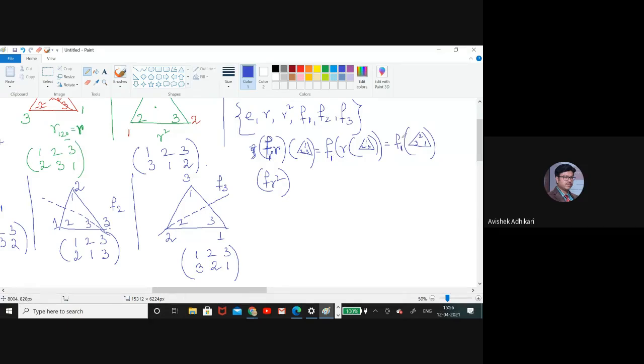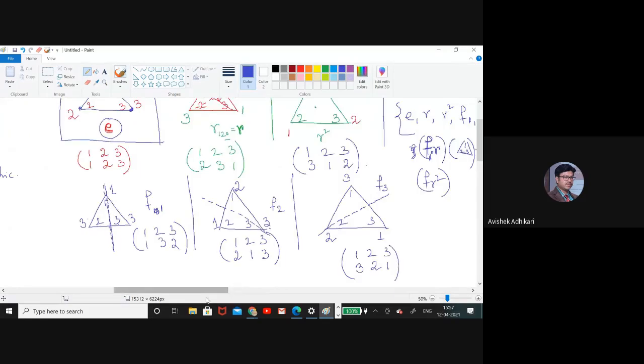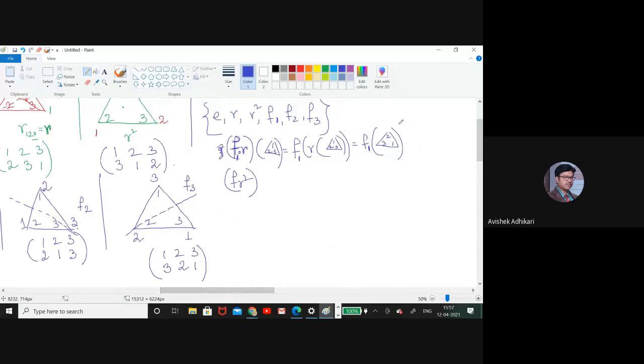So this is F1R. And how was my F1 defined? My F1 was defined like this. So it has to be a vertical reflection about this axis. Then about this axis, that means 2 will remain fixed. So ultimately 2 will remain fixed, and here I have 1 and 3, right?